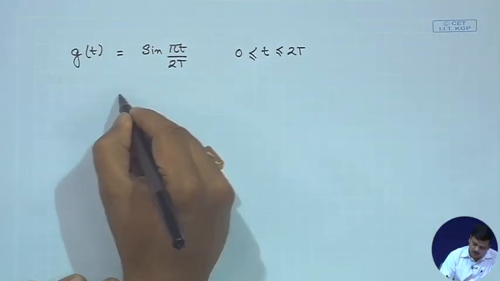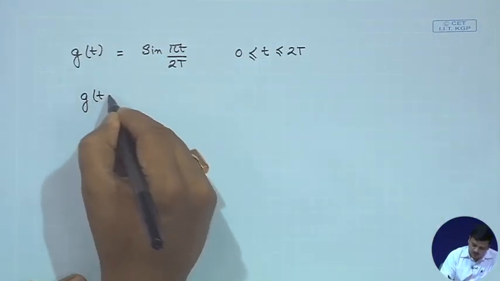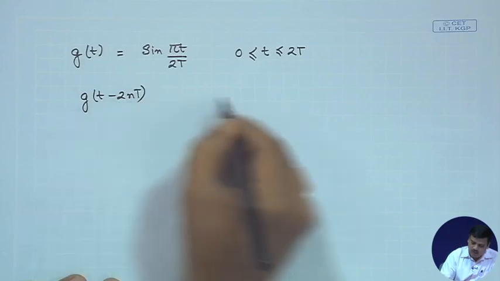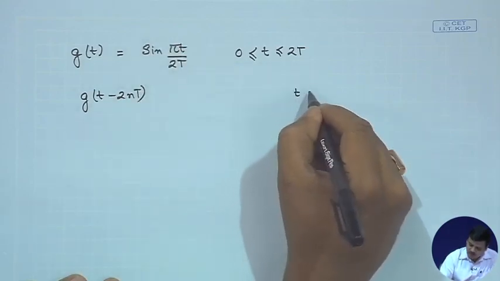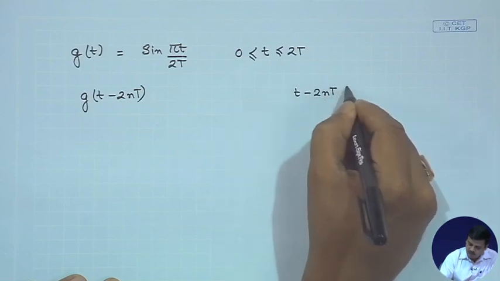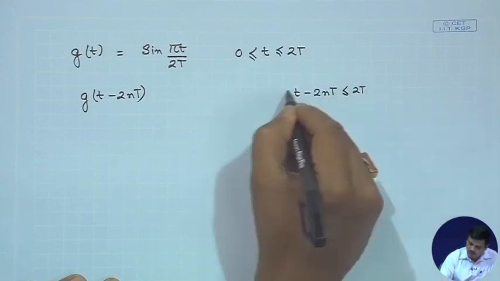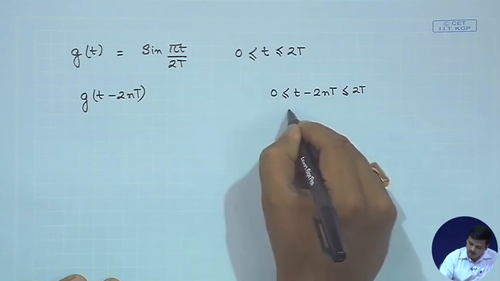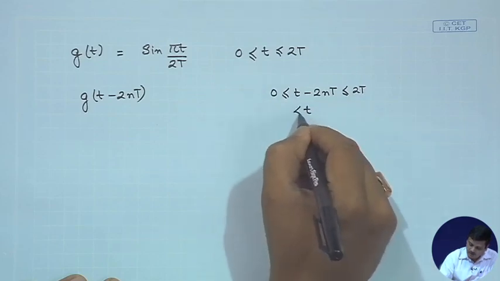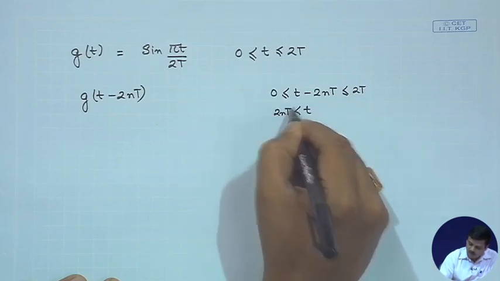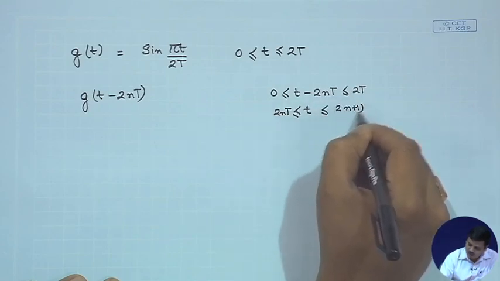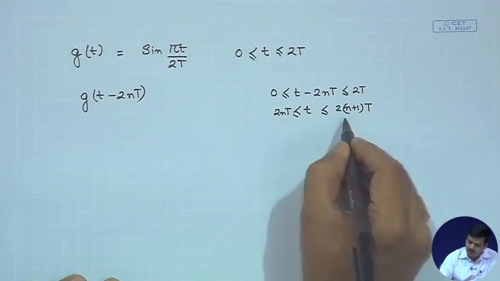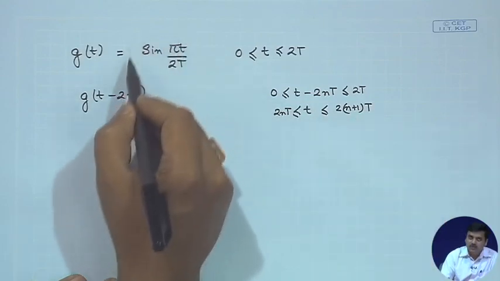So g(t minus 2nT) is equal to this function for t minus 2nT in the range up to 2T, so t lies between 2nT and (2n plus 1) into T. In this interval, this function is equal to this.